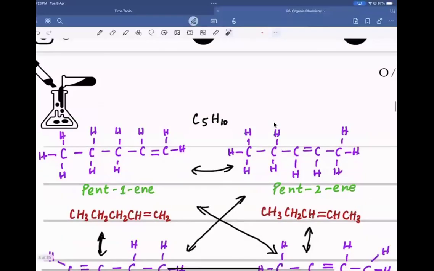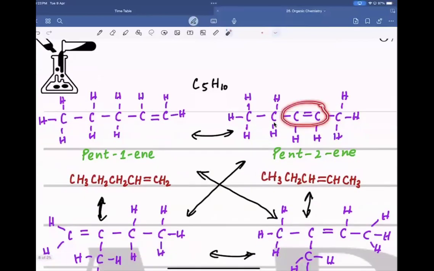So when I have put the double bond in the middle, see now starting from here, it's carbon number 2. So I cannot write it pentene. I have to write it pent-2-ene, which means that the double bond is on carbon number 2. Is this understandable? So see, the second isomer, because the position of the functional group is changed.